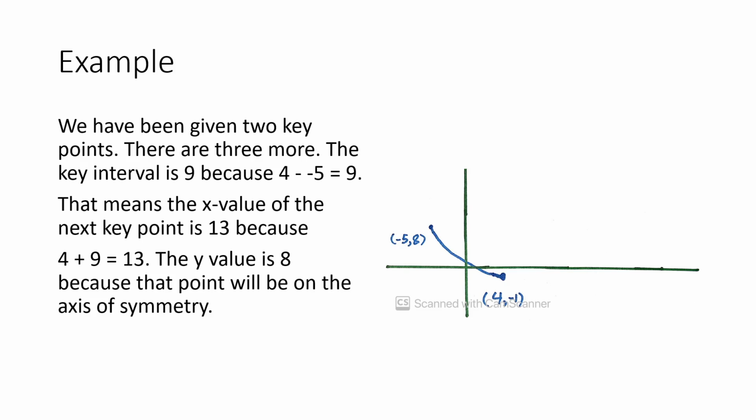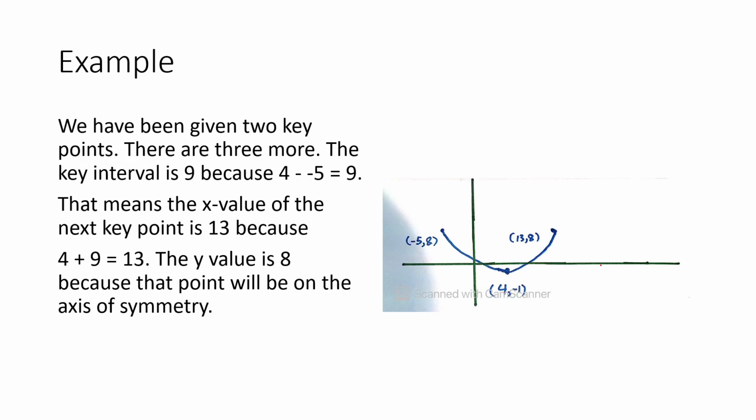And so that's going to tell us that the x value of our next key point will be 13, because if we simply add 9 to here, our next x value will be 13. And we know our next y value will have to be the same as that y value right there, so our next y value is going to be 8.